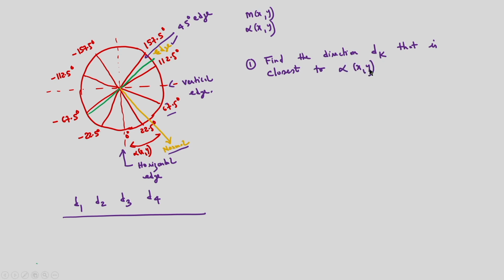For all the pixels of the image we have to do this, and after this we can find the neighborhood pixels, based on step number 1.